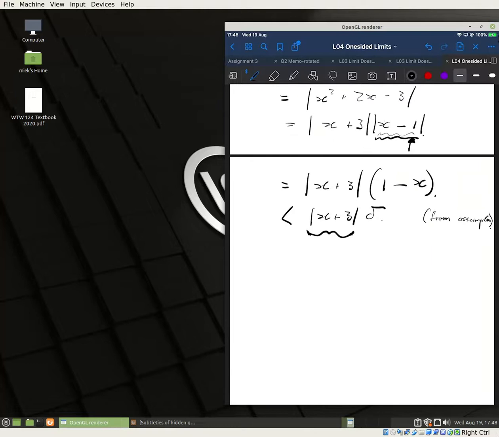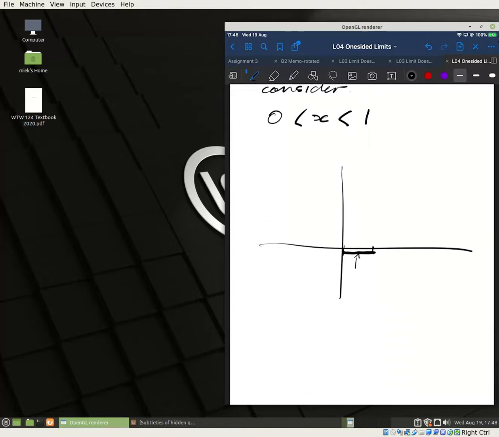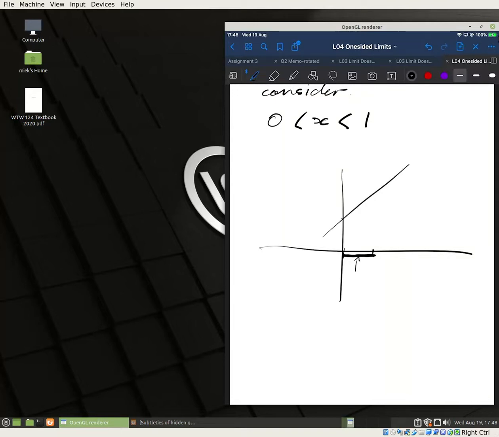And on that interval, x plus 3 in absolute value has this intercept there, and will go up to 4 there. If you look at its graph, it will look something like that.